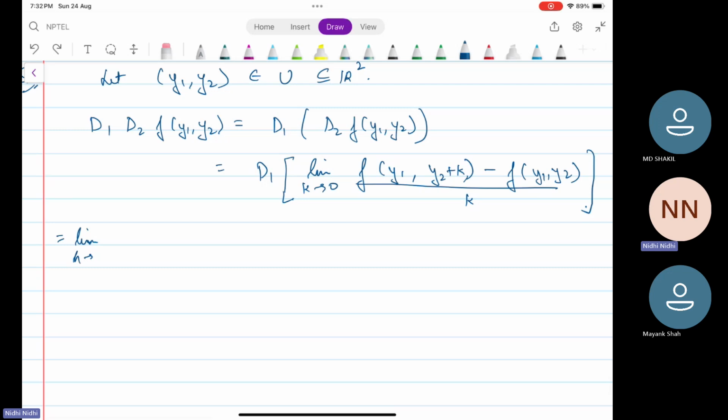So limit h tending to 0, limit k tending to 0. Wherever we have y1, it should be replaced by y1 plus h.